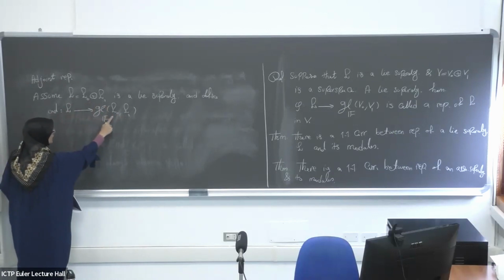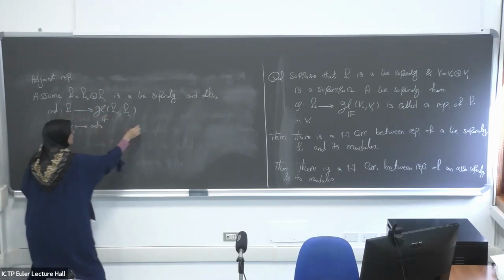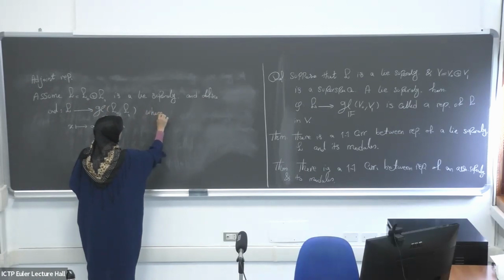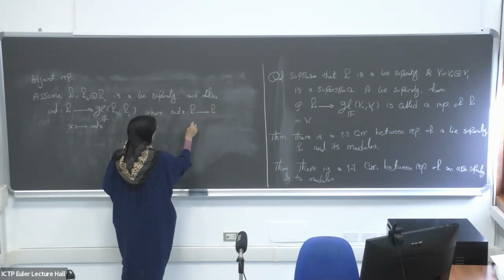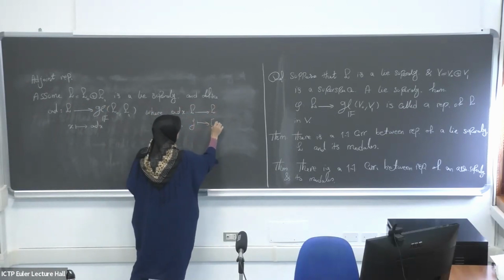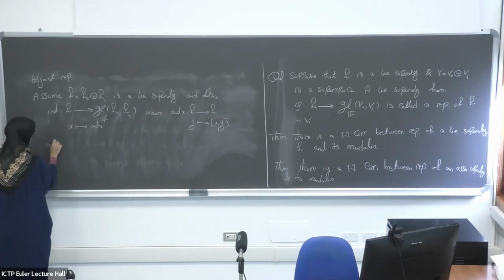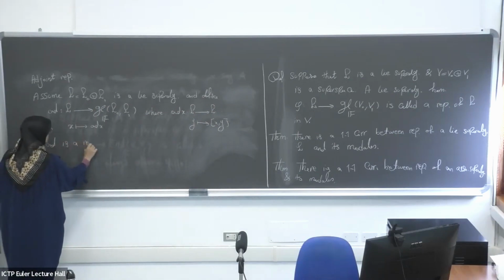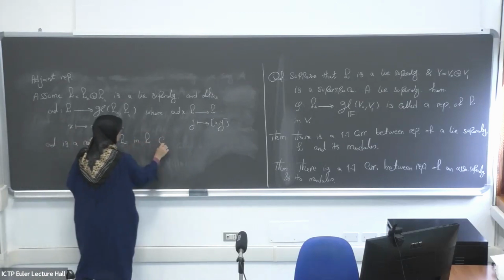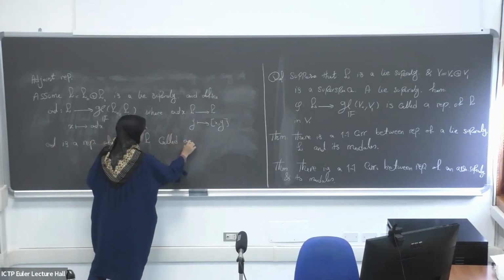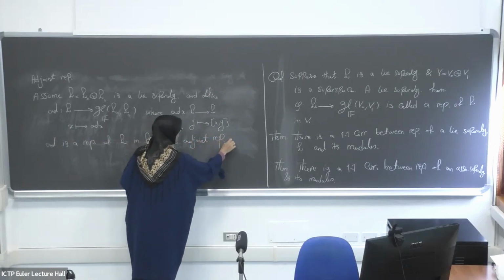Define a map from L to GL(L0, L1) by X maps to ad X, where ad X is defined to be a map from L to L, mapping Y to the bracket [X, Y]. It is a representation of L in L. This representation is called the adjoint representation of L.